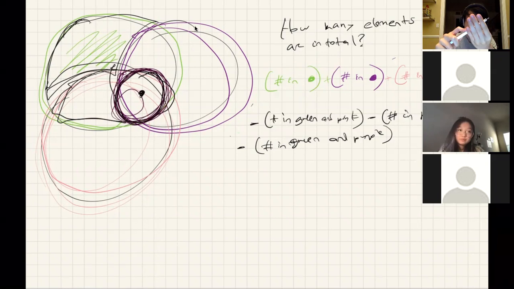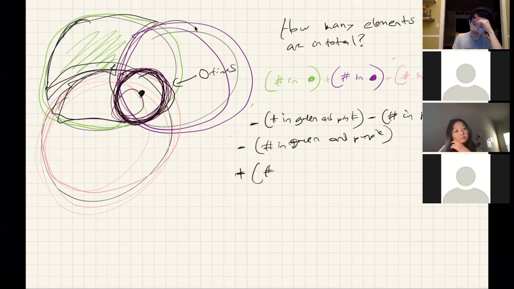It's subtracted once for the green and pink, once for the purple and pink, and once for the green and purple. So it turns out we've counted this zero times. We've undercounted it, so we have to add back the number in all three circles.